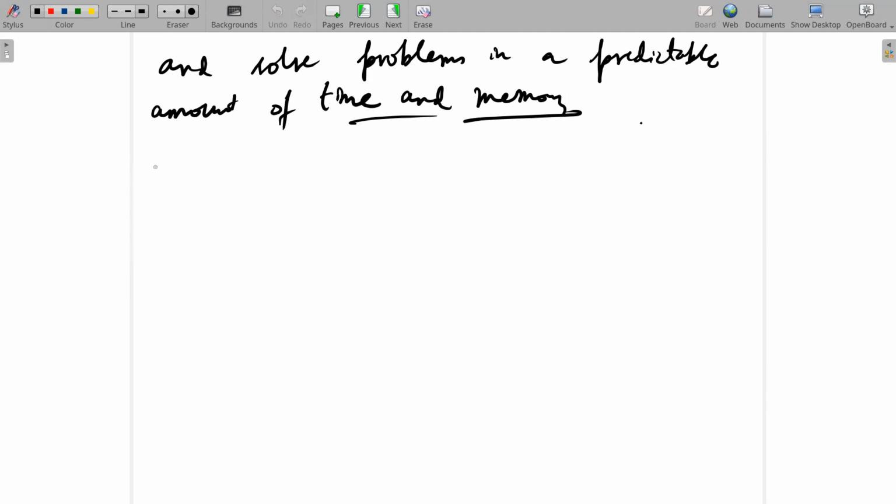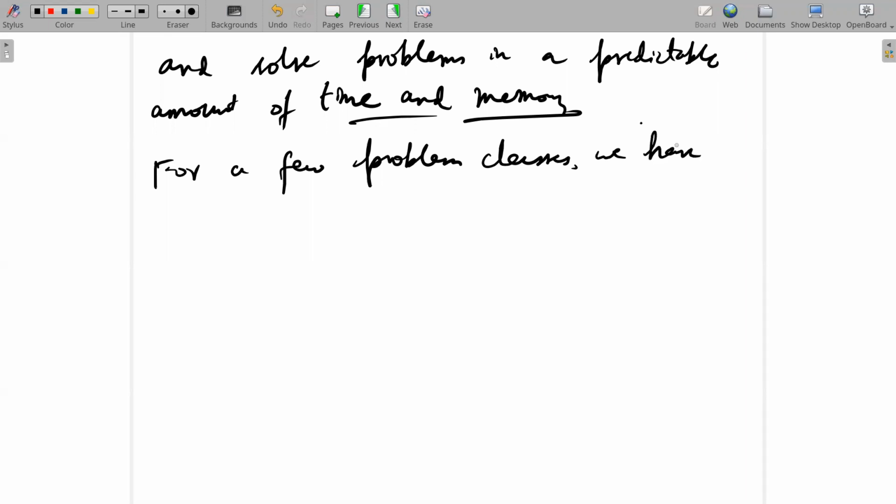Okay. So for a few problem classes, we have efficient algorithms that can reliably solve even large problems.